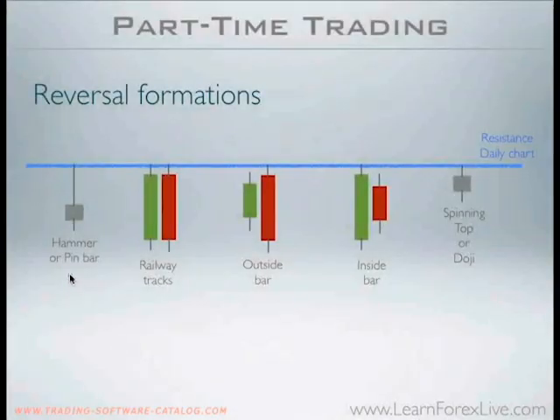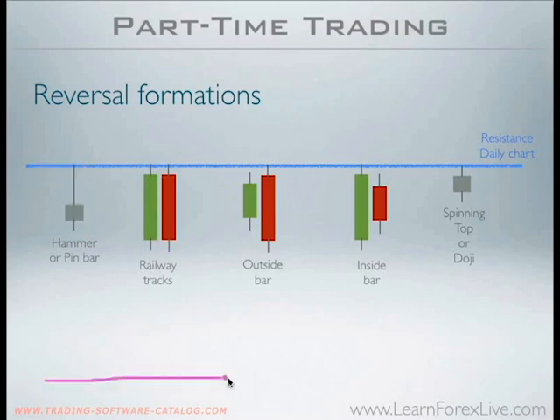Let's get started with the first one, which is also the most prototypical, the most common, and the most easily recognizable one: the hammer or pin bar formation. A hammer is a one candlestick formation, a single bar where the body of the candle is small, with a short wick to the downside and a long wick to the upside, touching that level of resistance.